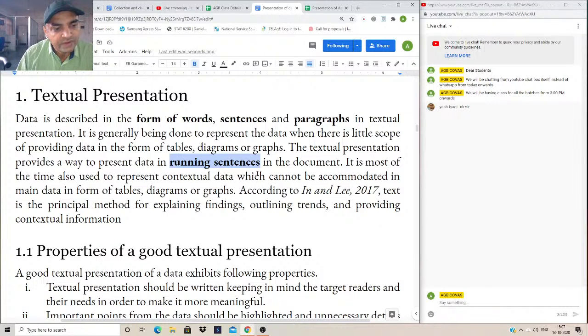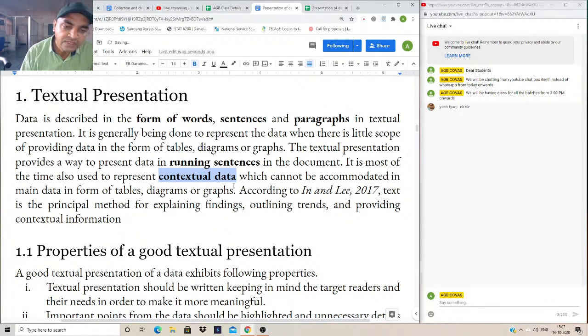Most of the time it is also used to represent contextual data. What is contextual data? It is data which is not primarily given, but with which you can help the reader understand the central idea of the data you are presenting.